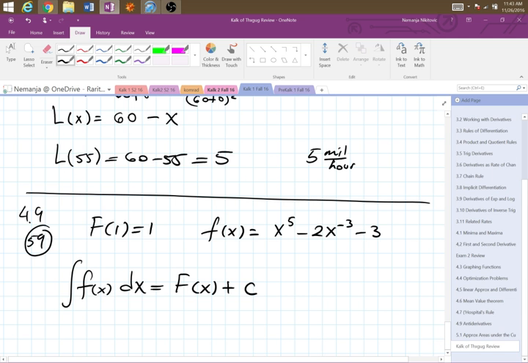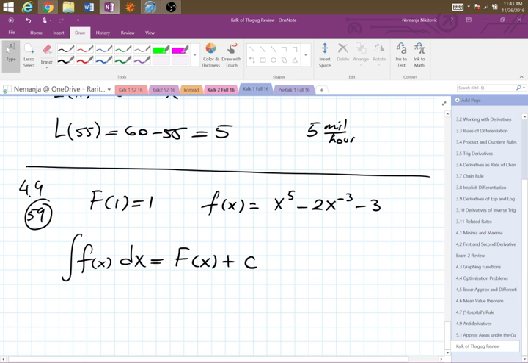They are related by the fact that the derivative of capital F of x is little f of x. And we will talk about this much more next class in 5.3, Fundamental Theorem of Calculus. We are going to have this down 100%.